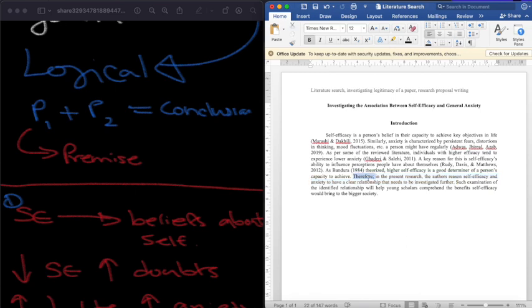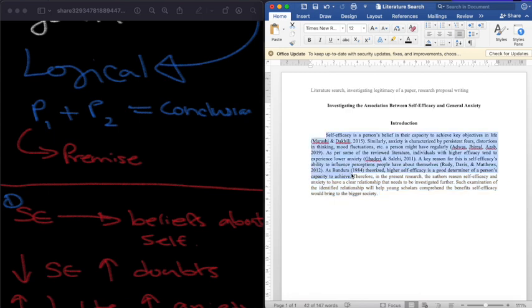So "therefore" is a word that indicates that I am giving a conclusion. I am concluding that there's a good relationship, and that examining that kind of relationship will help young scholars comprehend the benefits self-efficacy would bring to the bigger society. This conclusion is implied because of the information I have given here. Without this information, this conclusion might not make any sense.